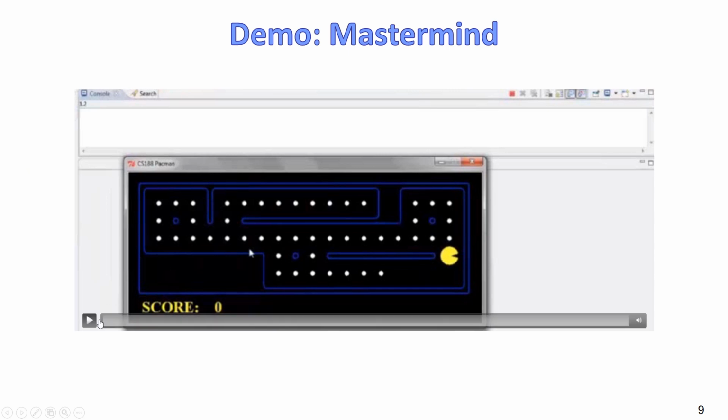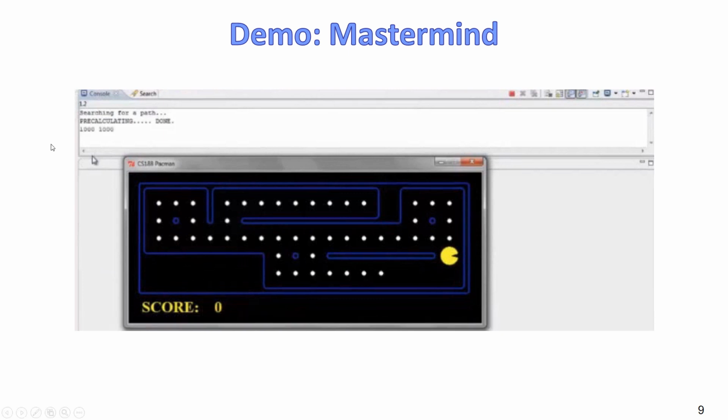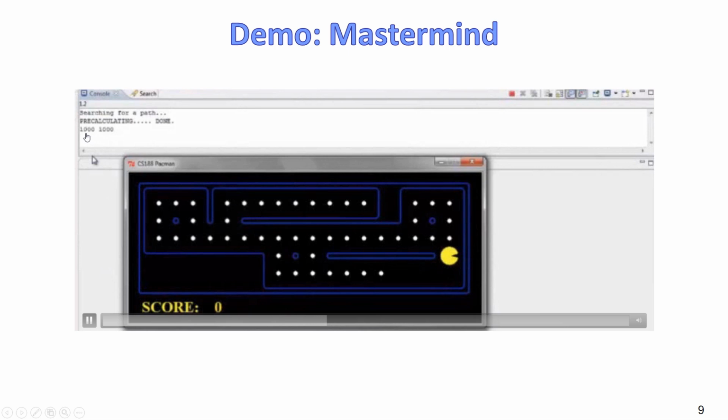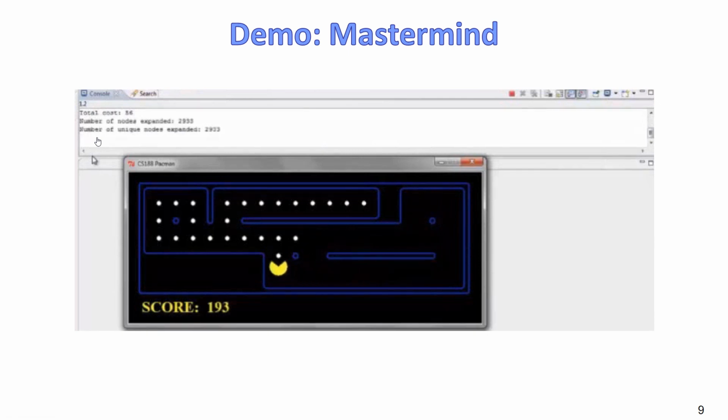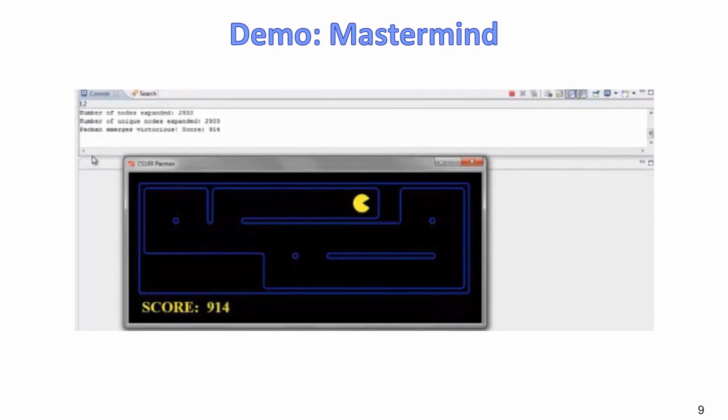So let's see how this will work. It is pre-calculating some of the paths. Still planning now, it had 1,000 possible solutions, then 2,000 solutions, and still it didn't make any action yet. Once it finds the optimal solution, it executes it right away. And you'll see that it is the optimal solution, which means it is the solution with the minimum cost.